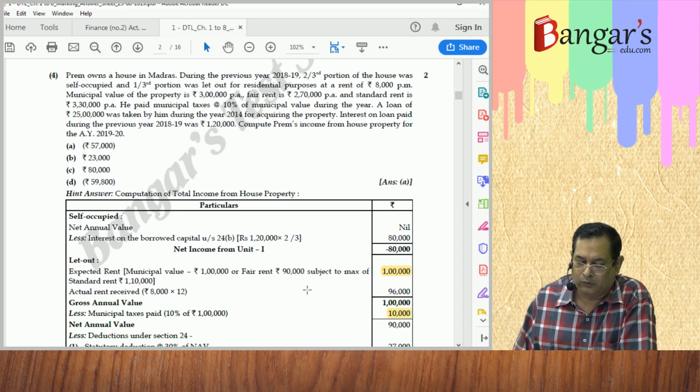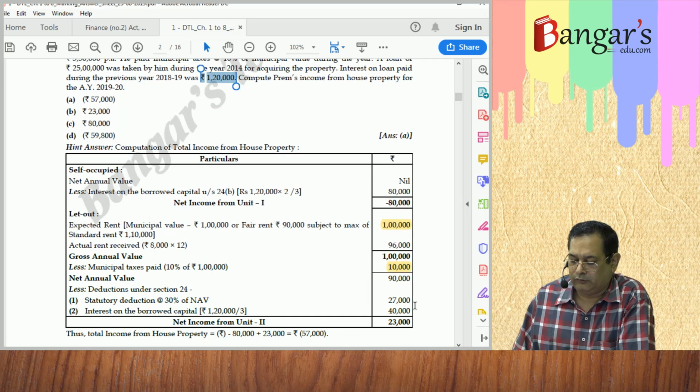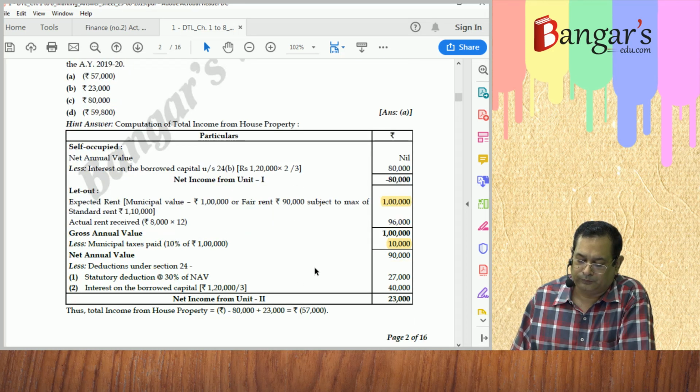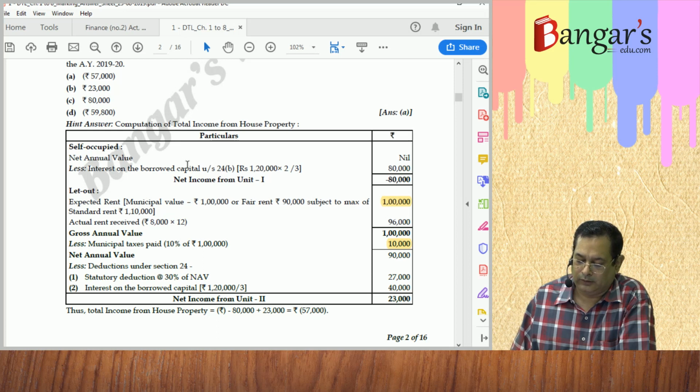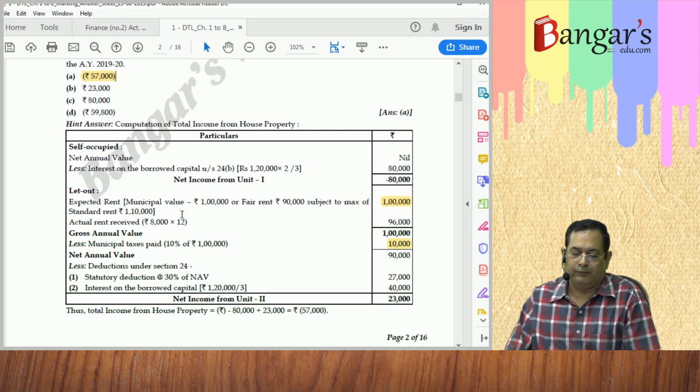Interest on borrowed capital here is 1,20,000. So one-third of that will be allowed here, and remaining two-thirds will be allowed in respect of the self-occupied portion. So the total income from house property in such a case works out to be a loss of rupees 57,000. So the answer will be in this regard.